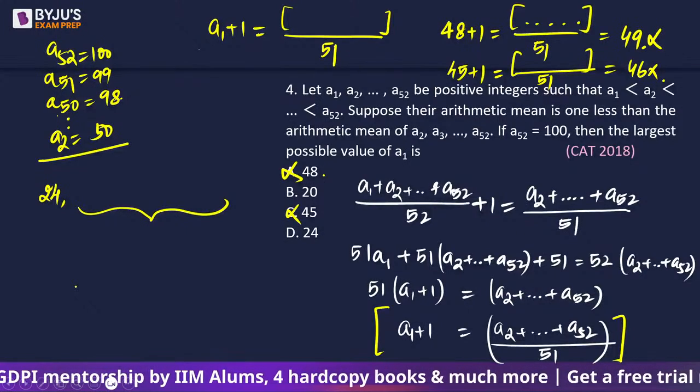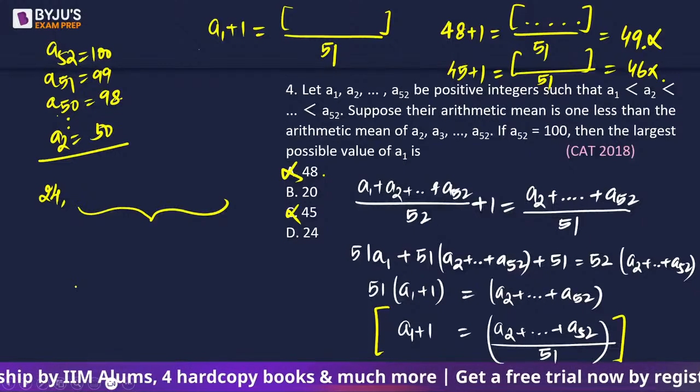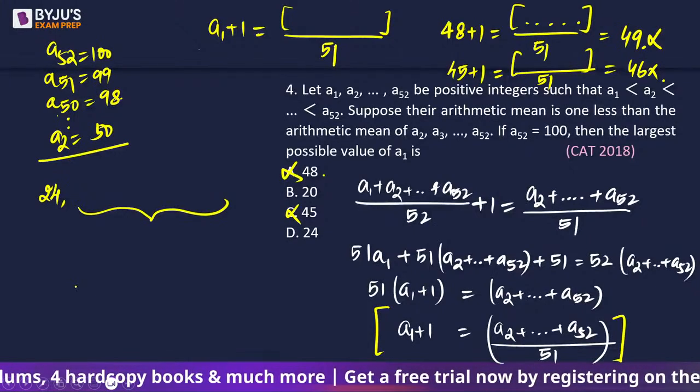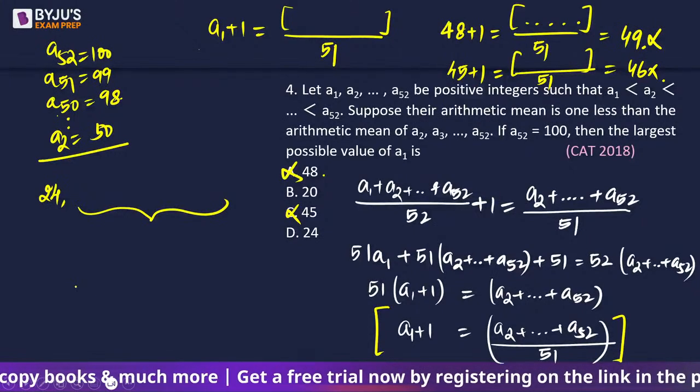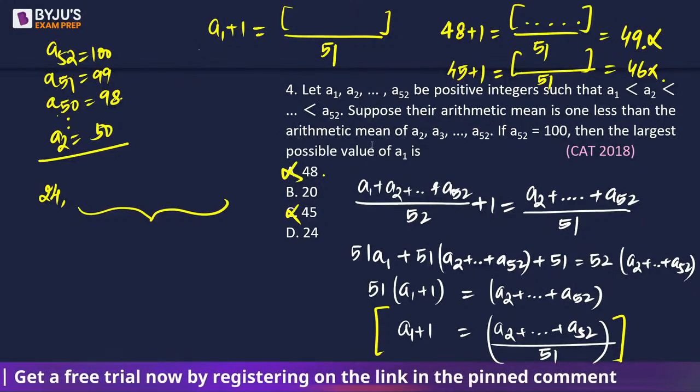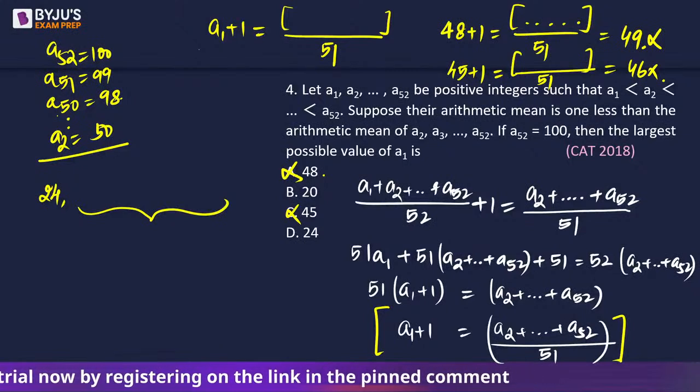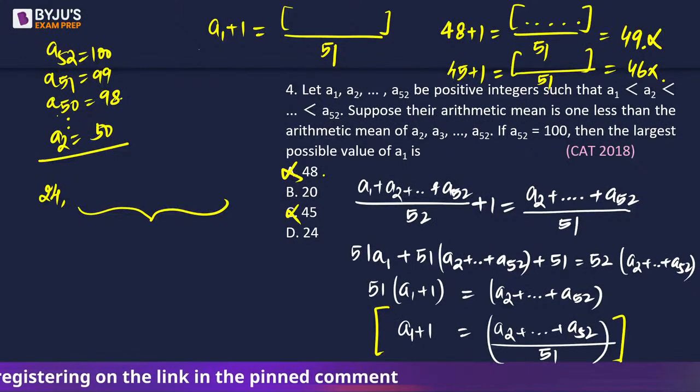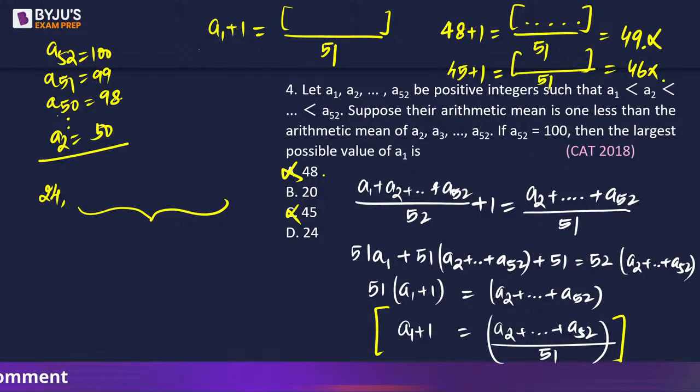Okay, I think I'm making some blunder here. If I take 24 as the answer, give me a moment. Just let me think. Am I making some calculation mistake here? These are positive integers.